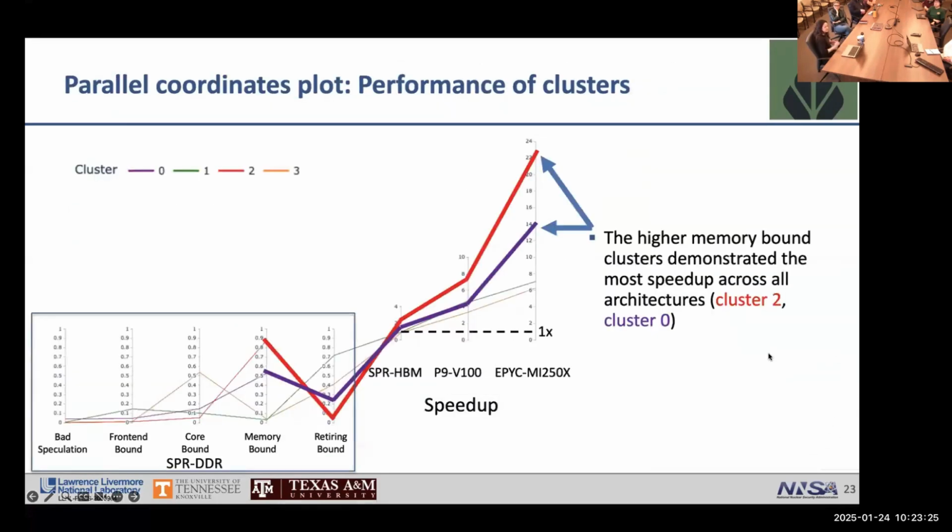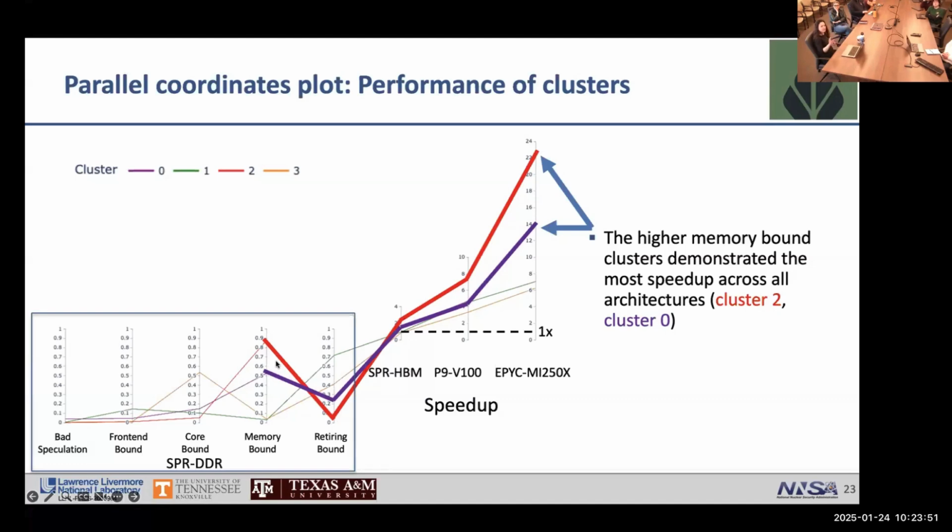Okay, so one of the things we looked at was, for each of those clusters, which we identified based on the top-down bottleneck analysis, how those clusters sped up across the new architectures. If you remember, cluster 2 and cluster 0 were our really memory-bound clusters, and you can see that here.